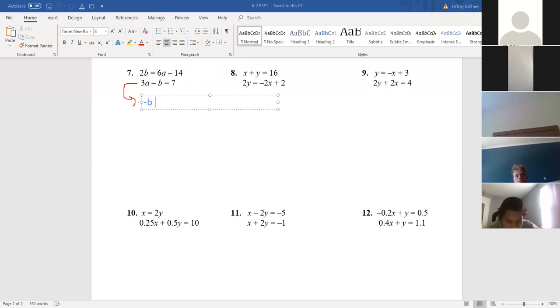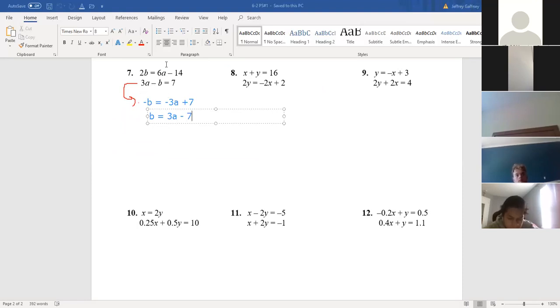I can go negative b equals negative 3a, I know I'm kind of going around in circles here, plus 7, right? And then I can go b equals 3a minus 7, right? See what I did?